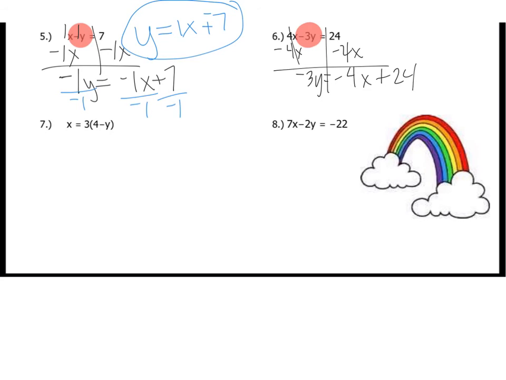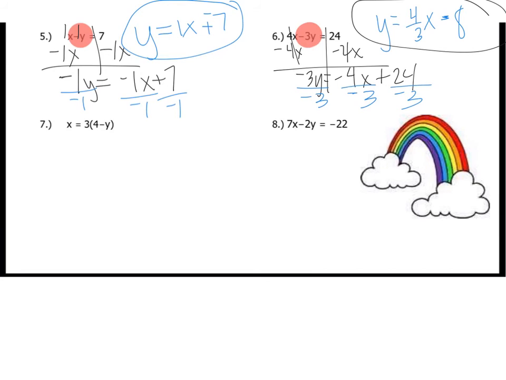We're going to finish by dividing by negative 3. And remember, everything is divided by negative 3. So positive 1y equals positive 4 over 3x minus 8. You'll notice that I'm keeping the fractions as improper fractions, and they're simplified as far as they go.